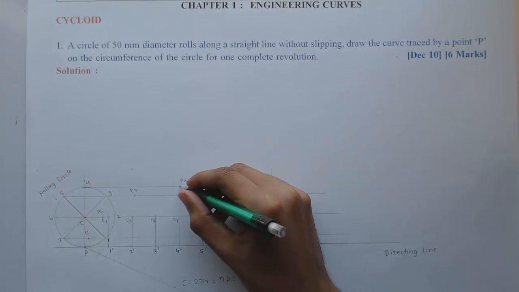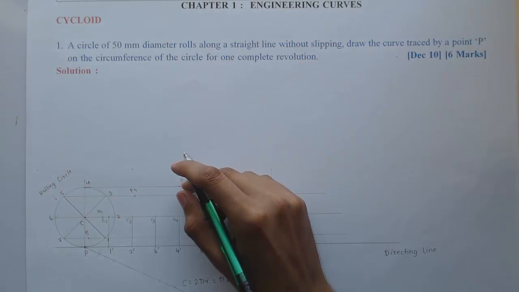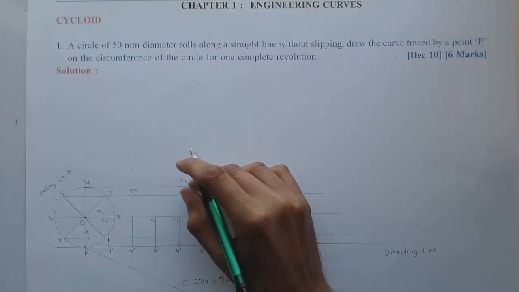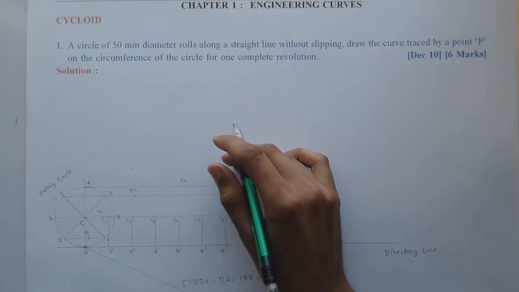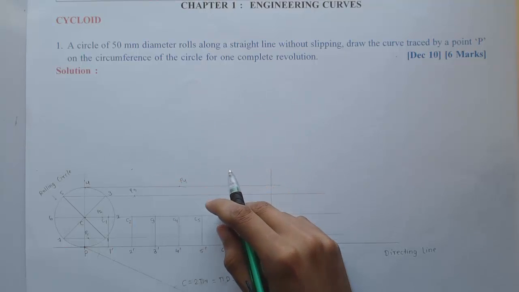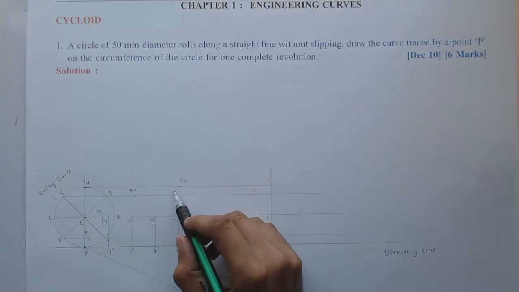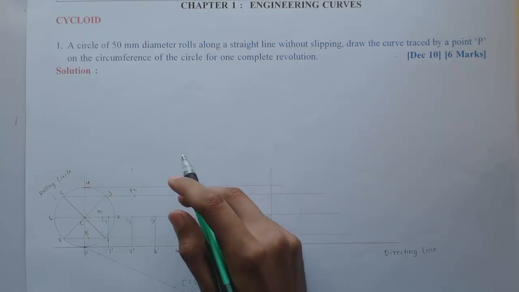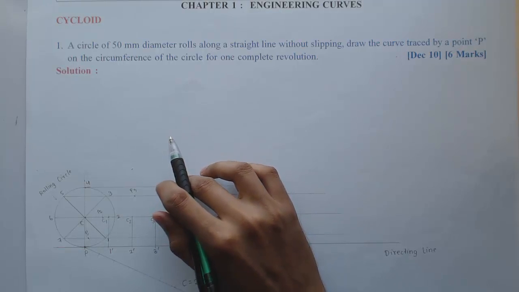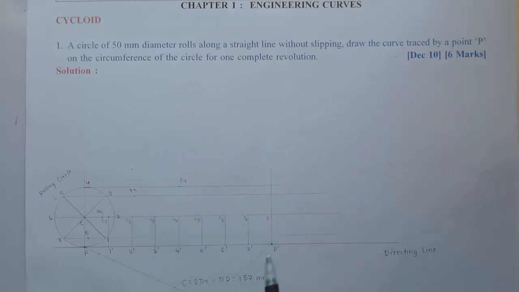Again, after reaching the topmost point, that point P is not going to move further in the upward direction. So it will follow the downward path now. From P to P4, it is following the upward path, but now once it has reached the topmost position, it will come down again.